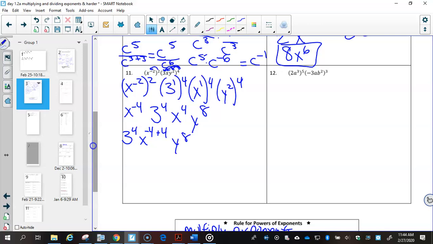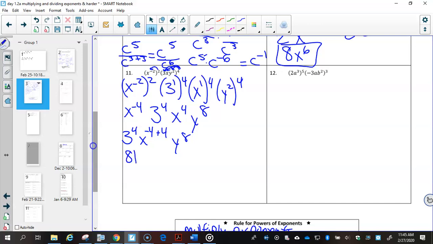What is 3 to the 4th? 3 to the 3rd is 27. So if you multiply that by 3 once more, or do 3 caret 4, you get 81.